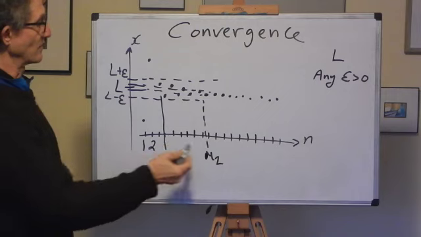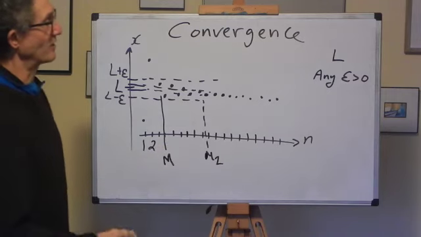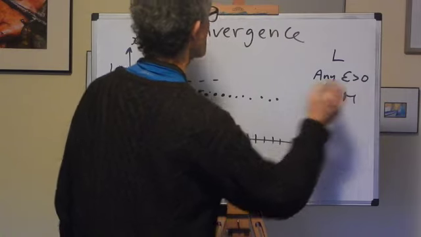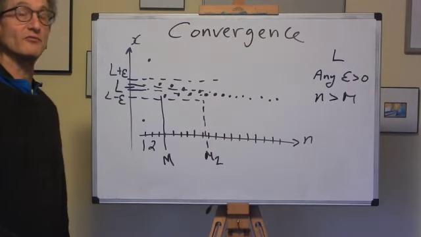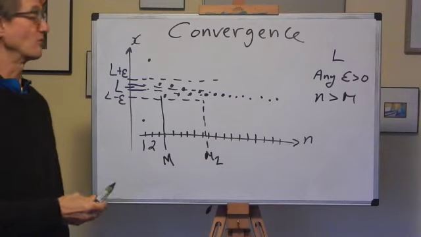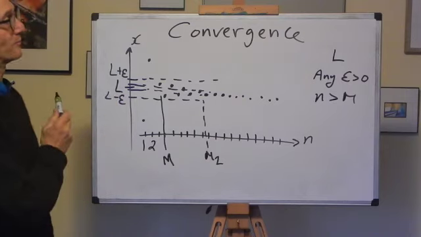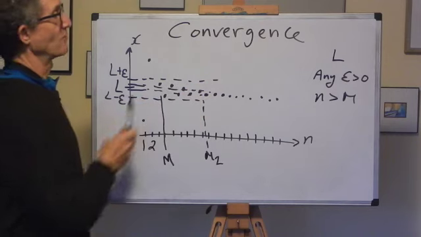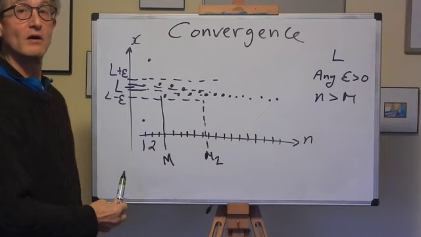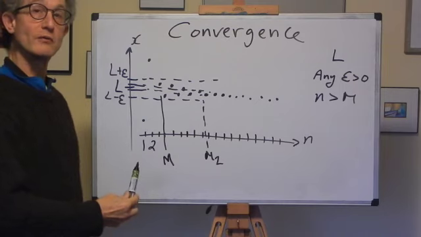So how far out we have to go will depend on the tolerance. Again, the limit is some number. The tolerance can be anything, and how far out we go depends on the tolerance that we're trying to meet.